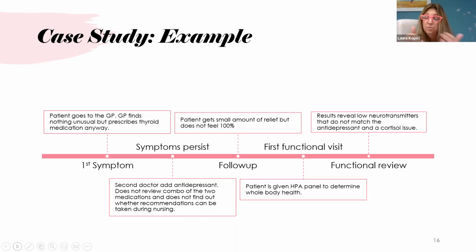There was also a cortisol issue that wasn't going to be resolved with the antidepressant. So this is new and empowering information that she received from doing that functional test and review. She had a much more comprehensive understanding of her body. I recommended things she could take while nursing. It's just a much different approach, much more empowering.